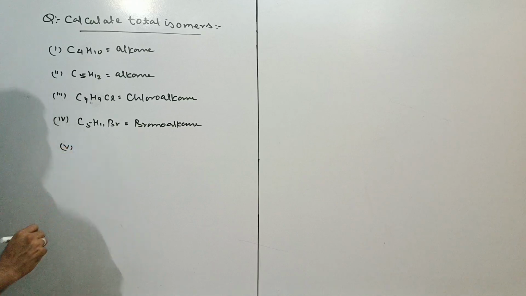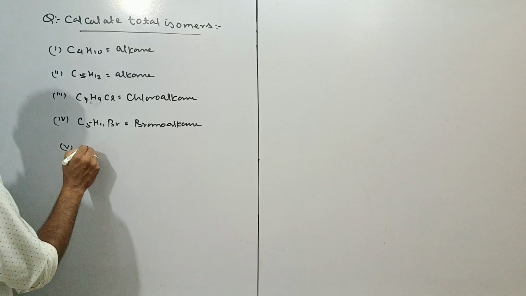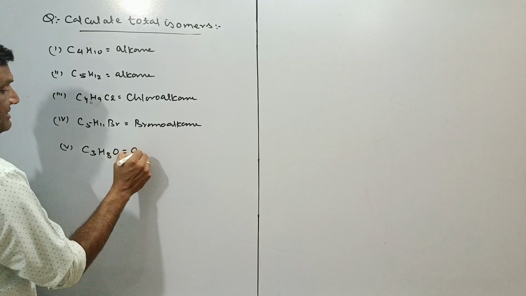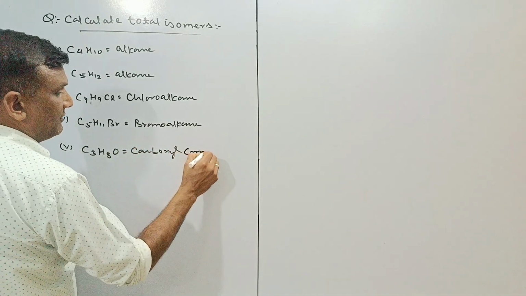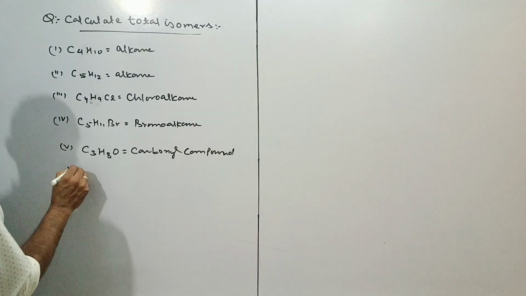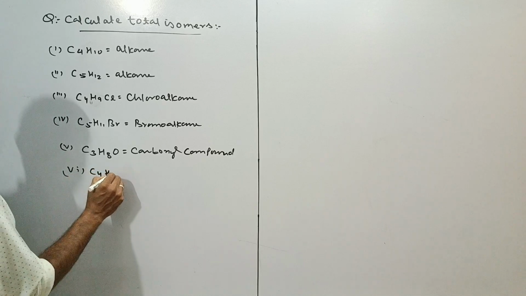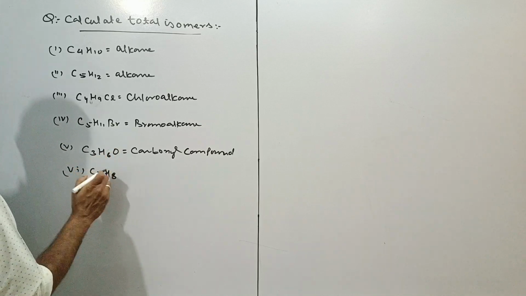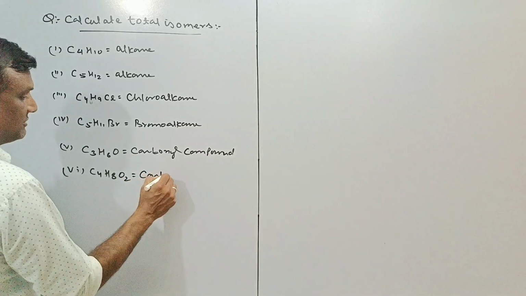Fifth, a very important compound. For this we can take C3H8O, when it is a carbonyl compound. We'll discuss what carbonyl compound means. The sixth compound is C3H6O, and C4H8O2 when it is a carboxylic acid.